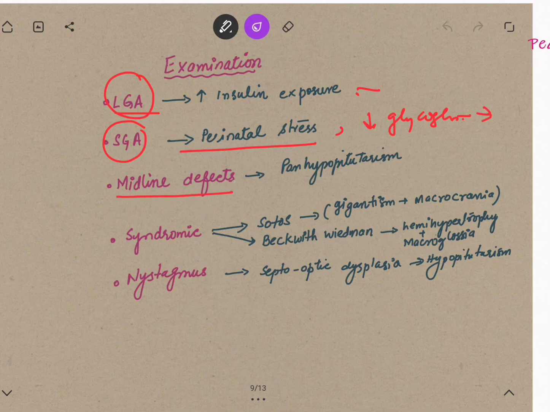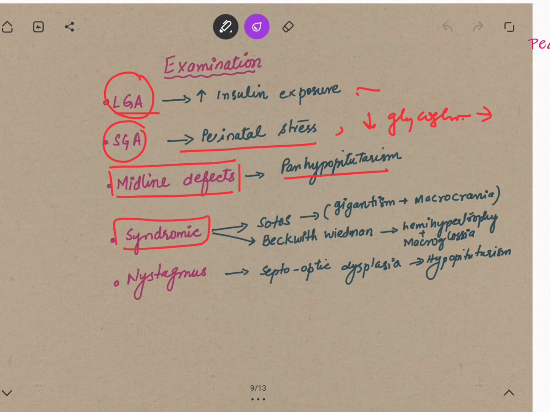Now, midline defects are very important, like encephalocele and other midline defects. Then we will be looking for panhypopituitarism if the child has midline defects. We will also look for syndromic features, especially macrosomia and macrocephaly.